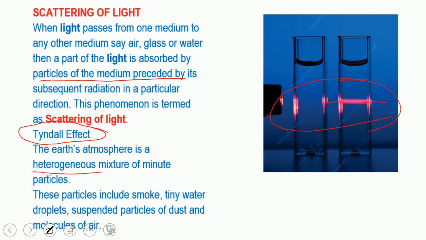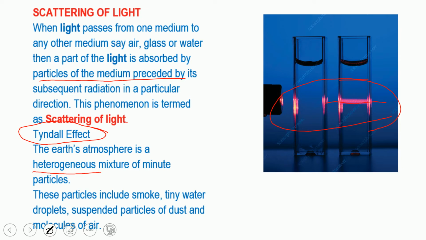Okay, what is heterogeneous? Heterogeneous means not homogeneous. What is homogeneous? If the density or concentration of the particle is the same everywhere, then we can say it is a homogeneous solution.